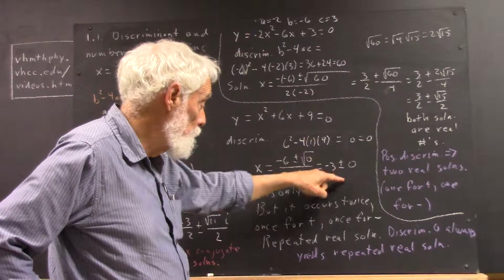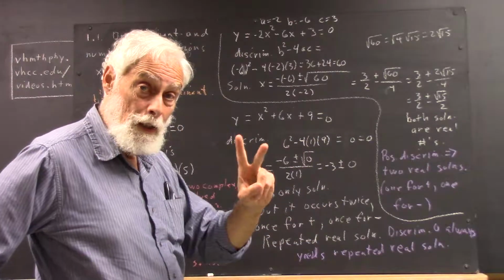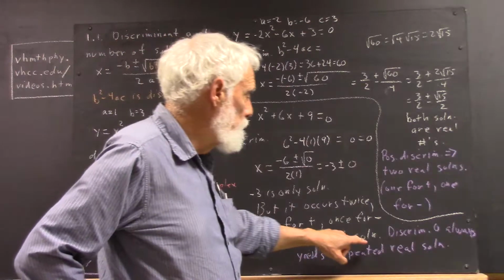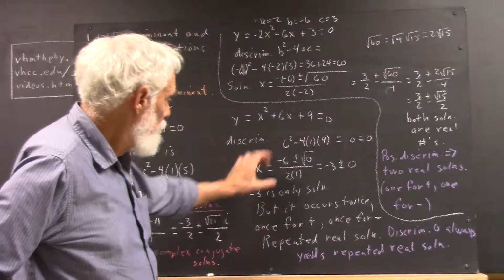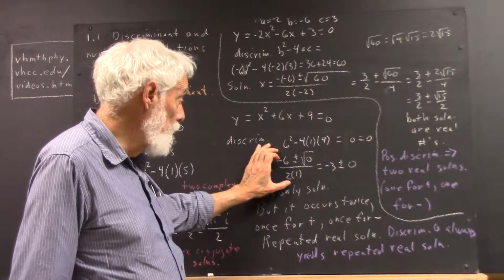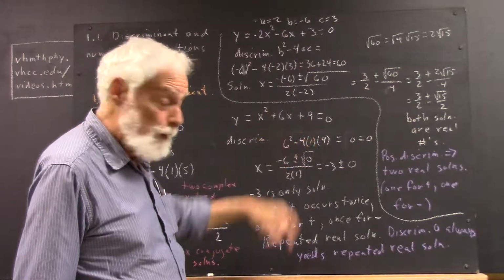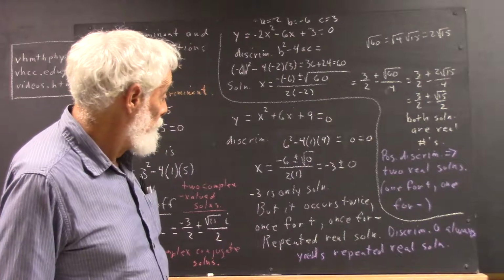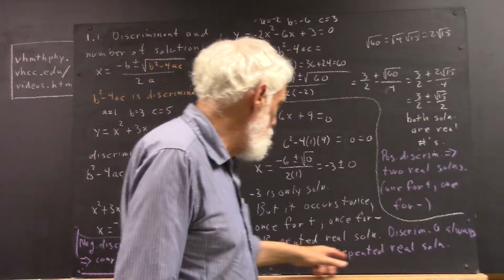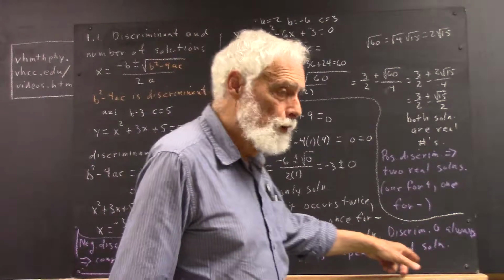Once for the plus, once for the minus. And you've got to count both of those solutions. So we have what we call a repeated real solution. The number you get here is going to be a real number. The only way you can get an imaginary number is for the discriminant to be negative, and it isn't. Okay, so we see, again from this example, discriminant 0 always yields a repeated real solution.